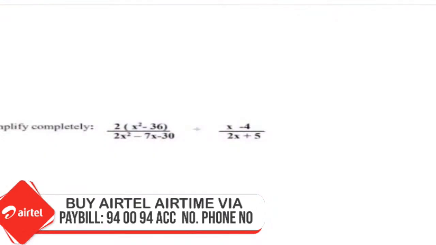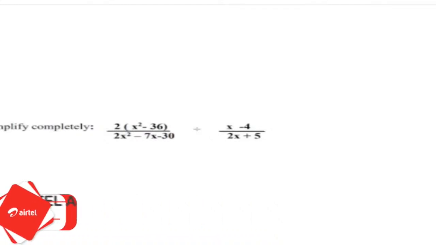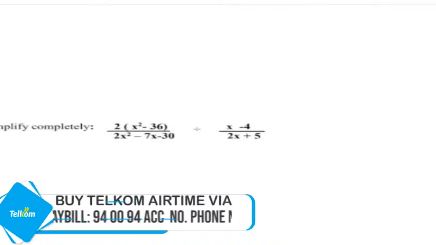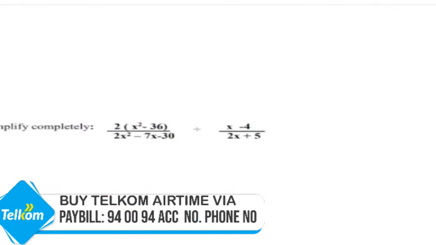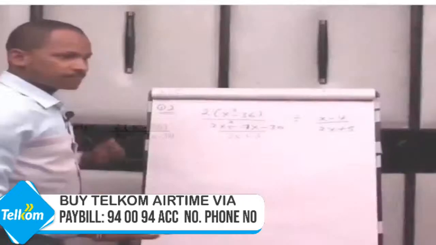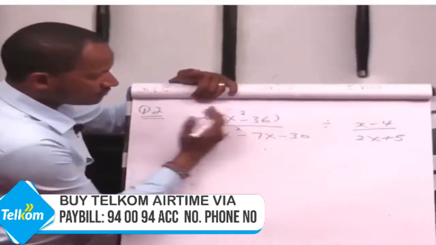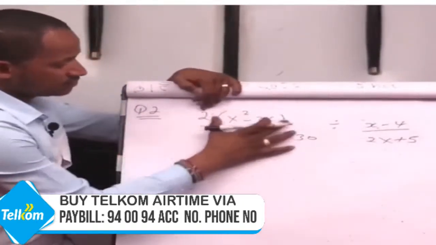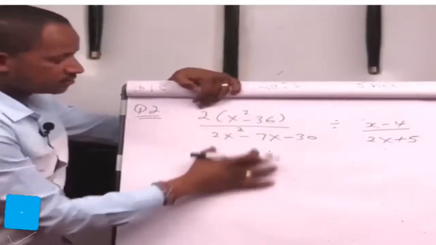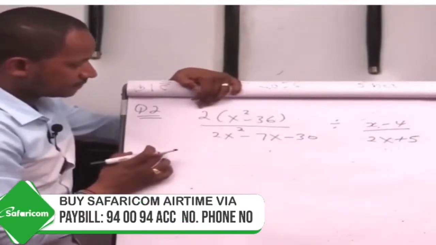Remember, you are told to simplify completely. 2 into x squared minus 36, divide by 2x squared minus 7x minus 30, divide by x minus 4 over 2x plus 5. So in this, look at this. I want you to solve them separately. So solve whatever you are given in the first column here.